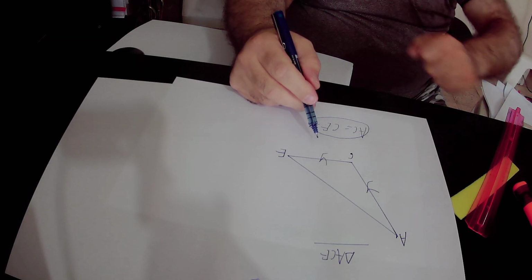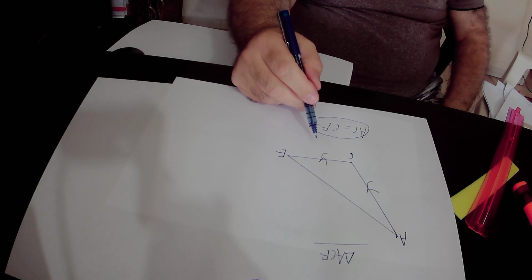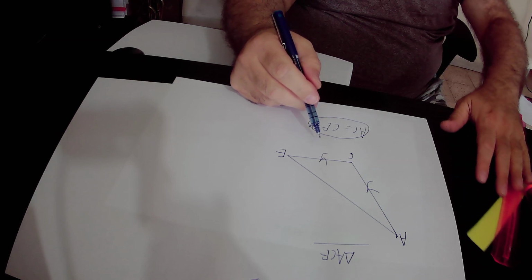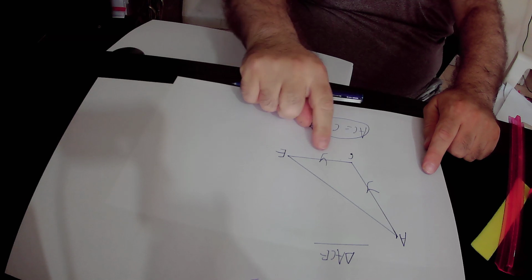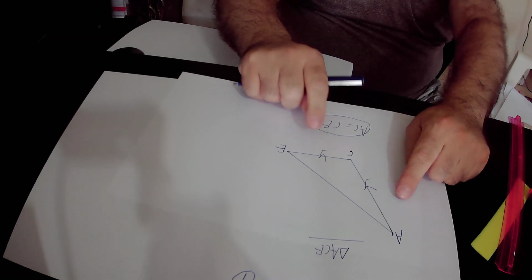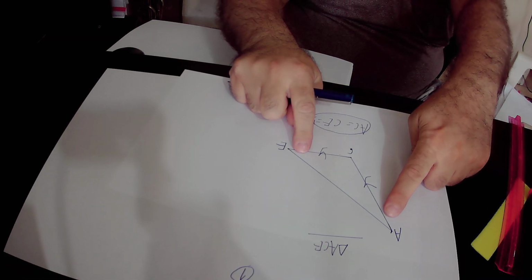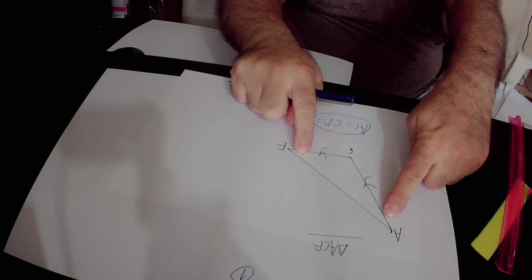We have the rule that in front of equal sides in a triangle there are equal angles, so in front of this side we have this angle, in front of this side we have this angle, so those two angles must be equal to each other.